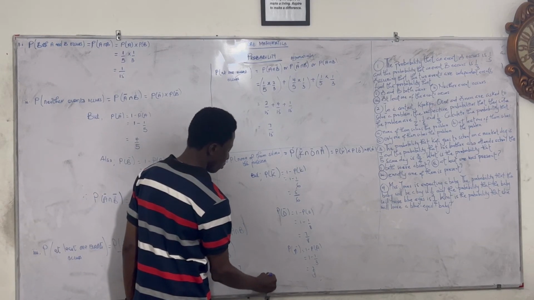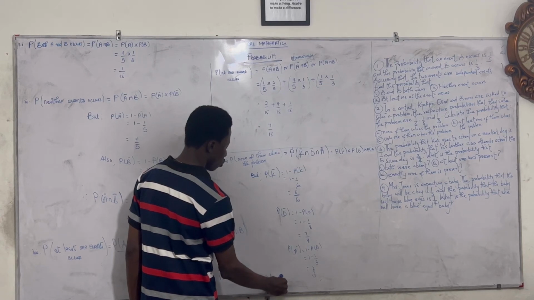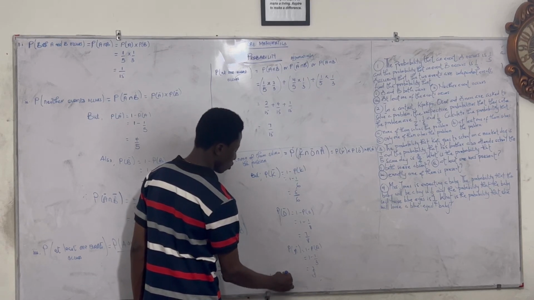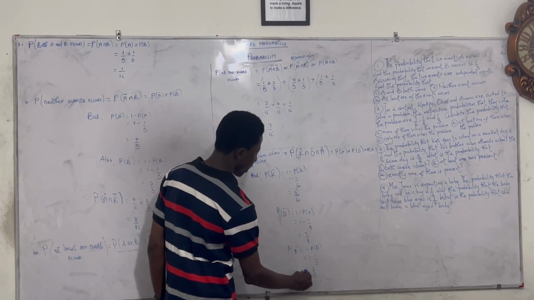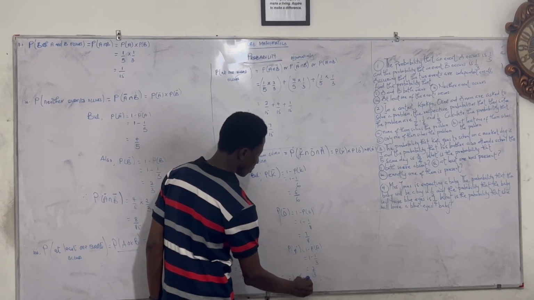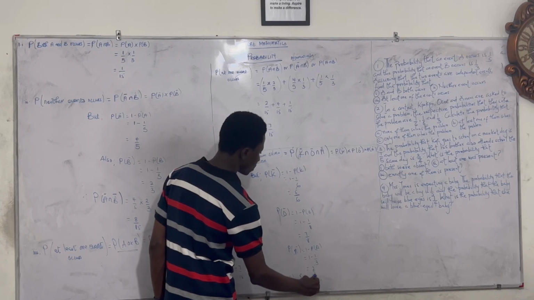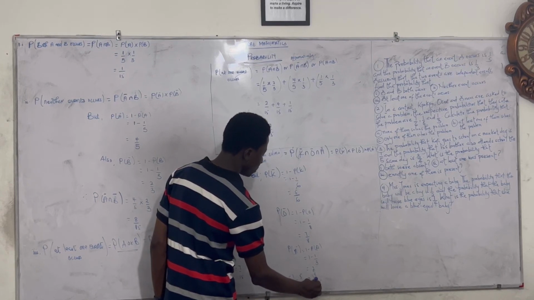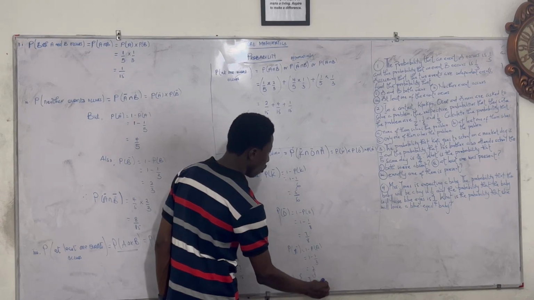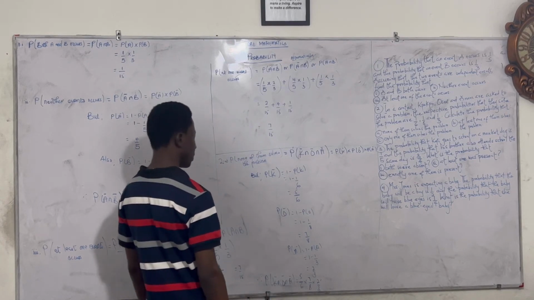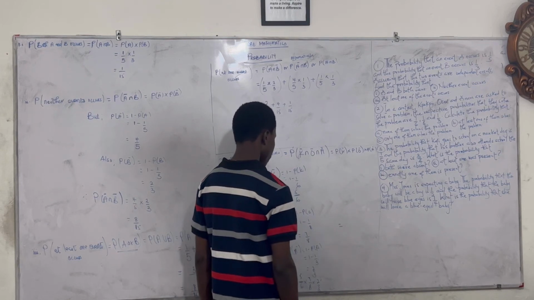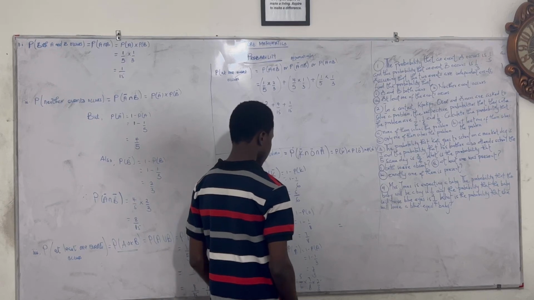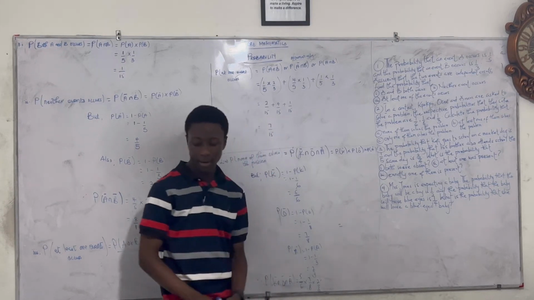Therefore, the probability that Kpakpo could not solve and Osei could not solve and Anani could not solve will be equal to 5 over 6 times 7 over 8 times 2 over 3. Final answer, please. Five over 6 times 7 over 8 times 2 over 3.